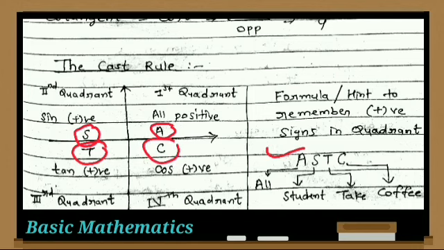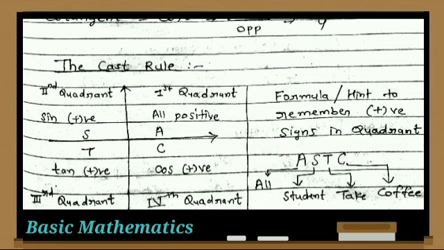To remember this, I formed a short trick. A stands for all, S for students, T for take, and C for coffee. All students take coffee. You can remember here, all students take coffee. So as I already said, all students take coffee, then please take coffee and be relaxed.